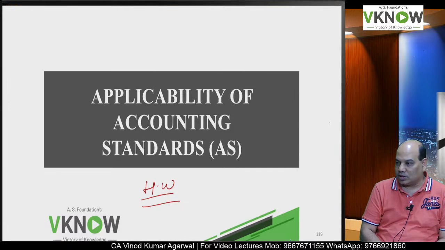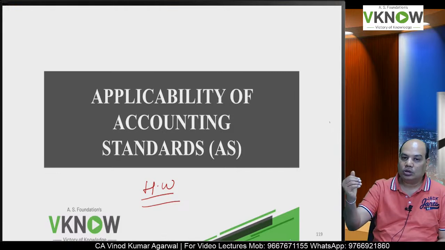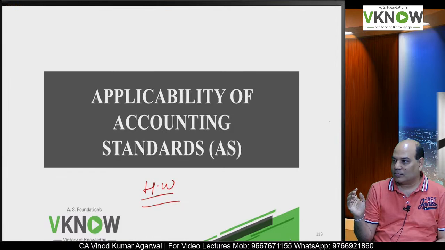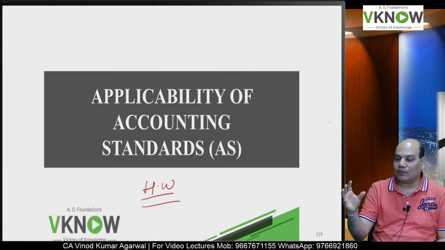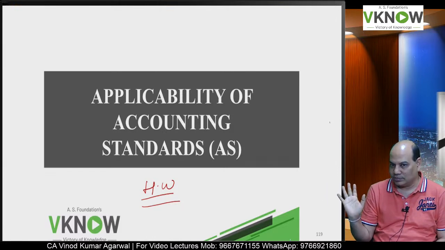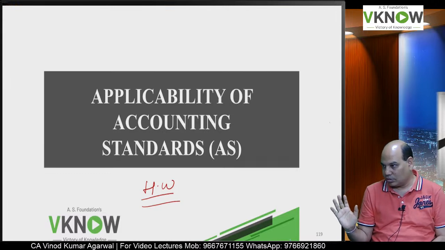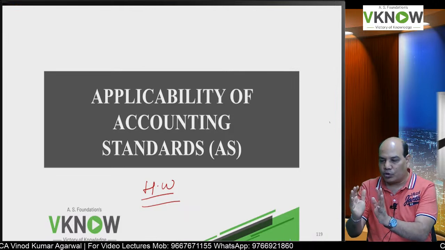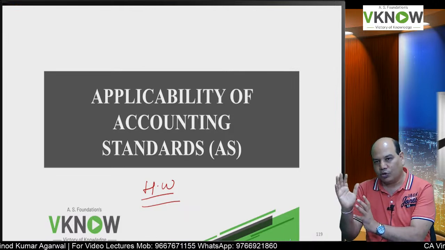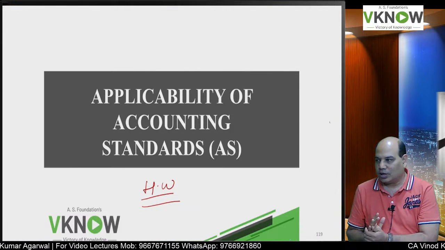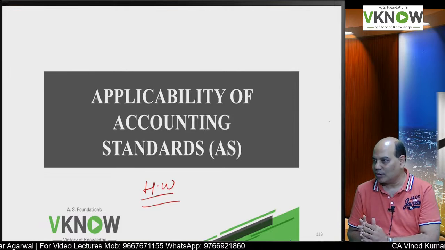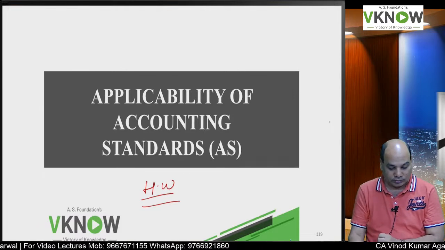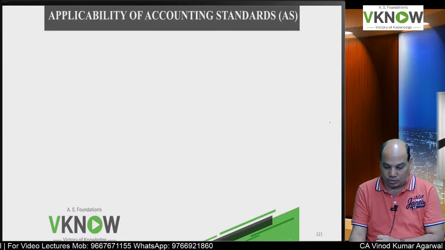Some accounting standards are applicable to all of them. Some companies are exempted from certain accounting standards. Okay. And some standards are exempted for certain paragraphs for certain companies. Impossible to remember that chart. Okay. You can try, but still you can try on your own.